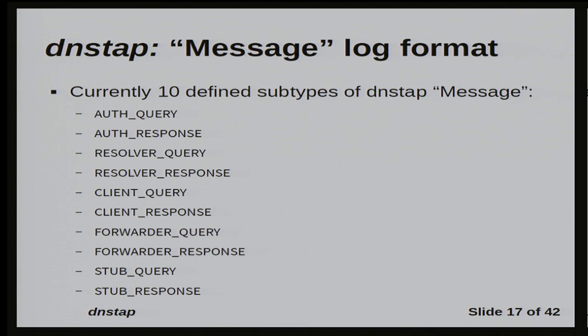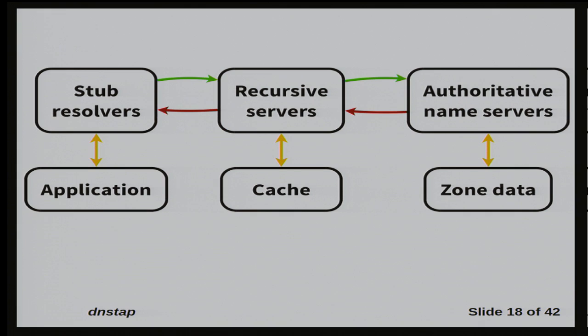And there are the clients, forwarders, and stubs corresponding to all these different arrows in the DNS architecture. You have these red and green arrows, and at each end of the arrow there's a different piece of software, and these all correspond to the different types of messages in dnstap.